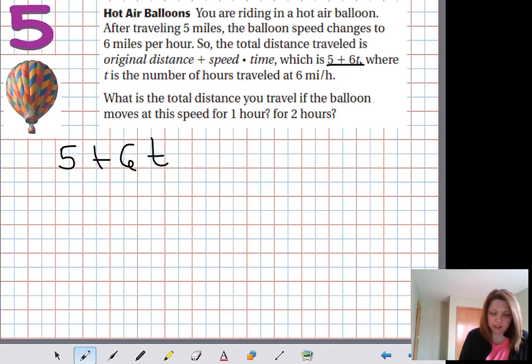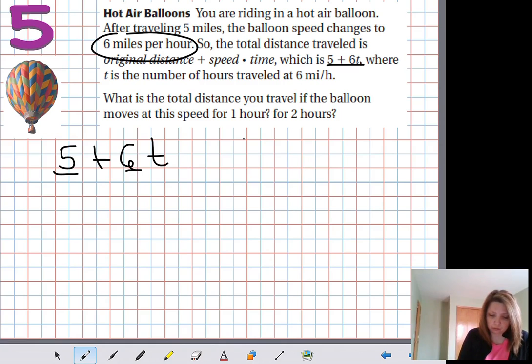So 5 miles will be the distance. Then we have the speed, which is 6 miles per hour, times the time. And the time will be the number of hours traveled at 6 miles per hour. What is the total distance you travel if the balloon moves at that speed for 1 hour?